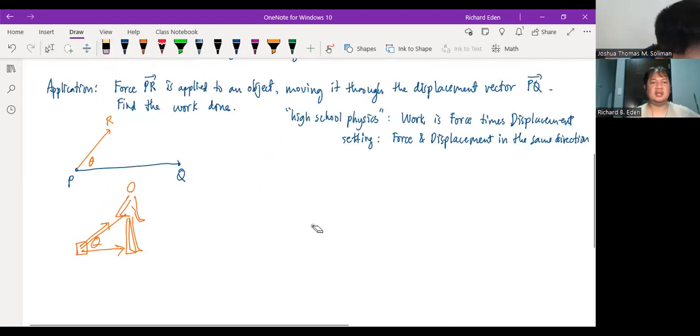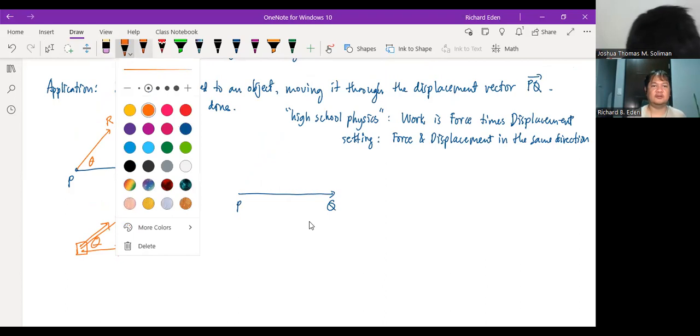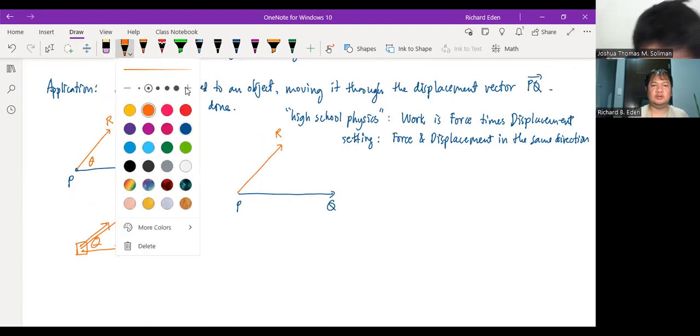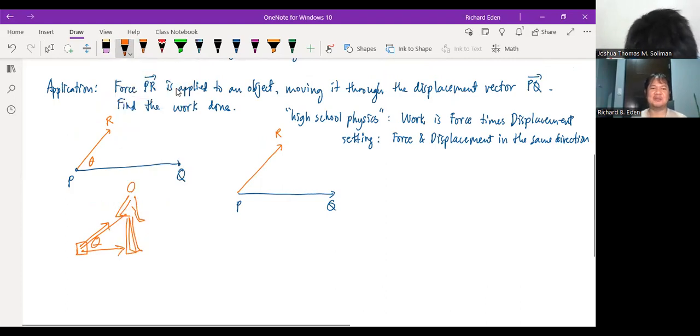Okay, but then to be able to apply high school physics, what we actually need to do here is, let me draw it again. Okay, P, Q, and let's say this is the force PR. In regular high school classes, of course, there is no depiction of vectors in terms of components, so there's no such representation of vectors in, let's say, grade 10 physics.